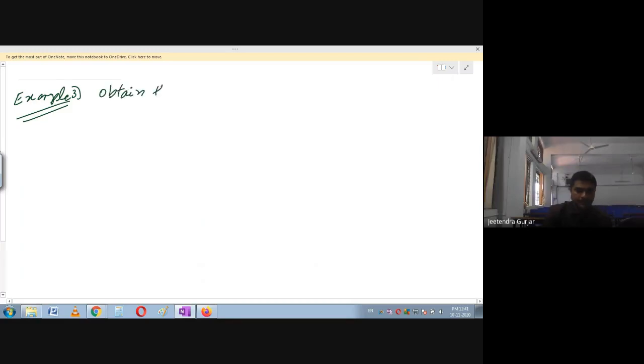Obtain the Fourier series and just write this as the Fourier series of the function. I'm going to take this as f of x is equal to pi minus x upon 2. You can see the function is changed, and in the interval now they have given 0 to 2 pi.